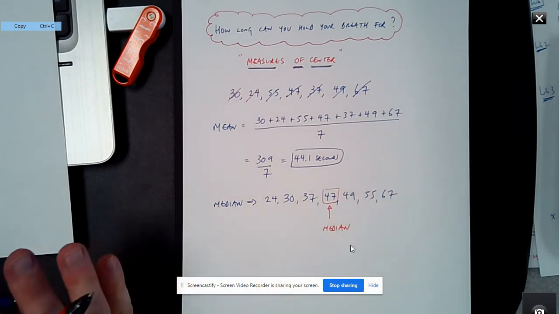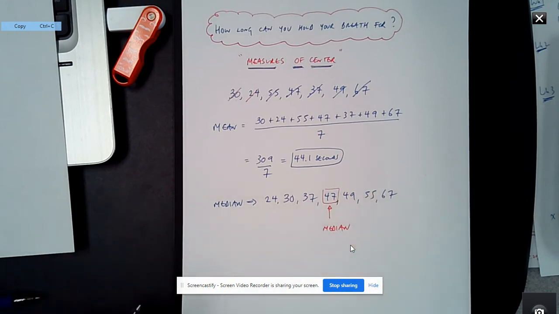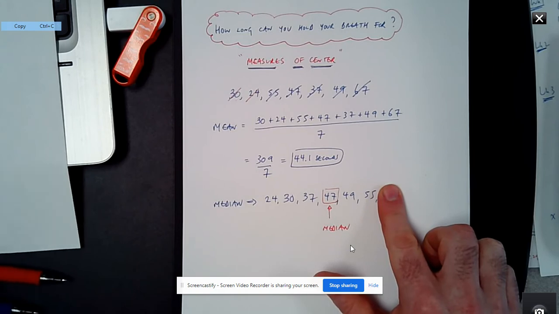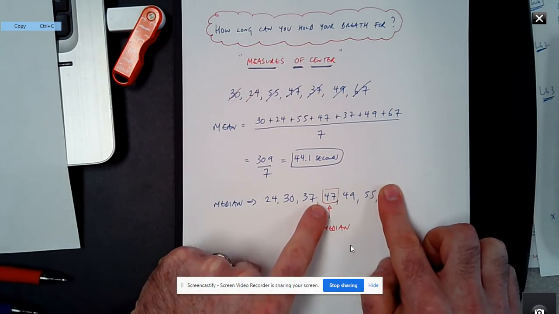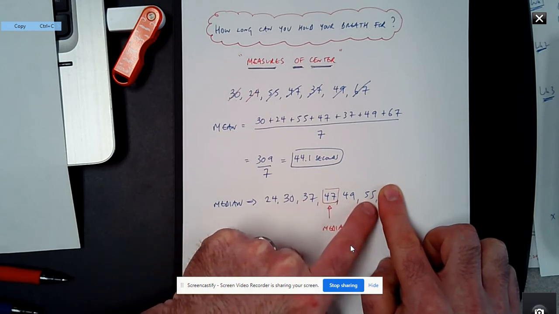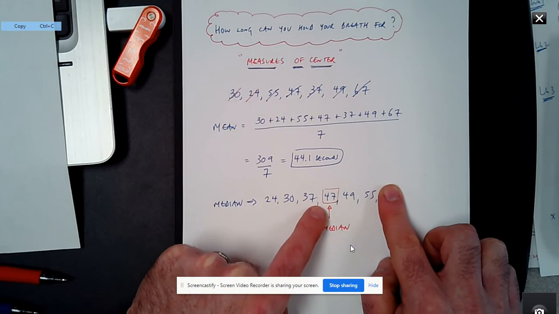Now, if, for example, you had an even number of data, so let's say that 67 wasn't there, the middle number would be halfway between the two numbers in the middle. So you can see there's 1, 2, 3 on this side, 1, 2, 3 on that side. So the middle number would fall somewhere between 37 and 47.